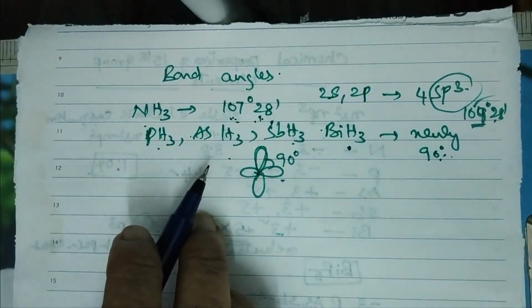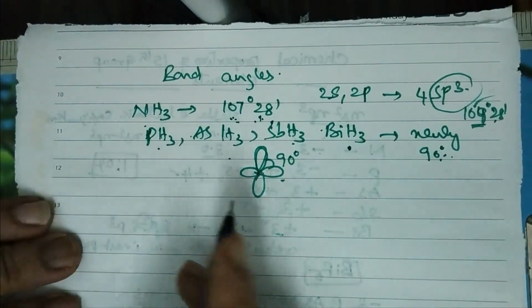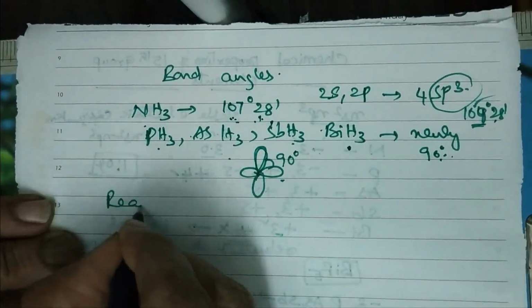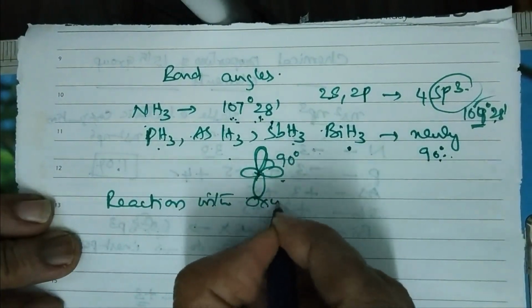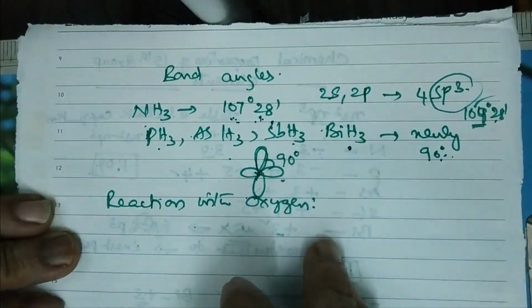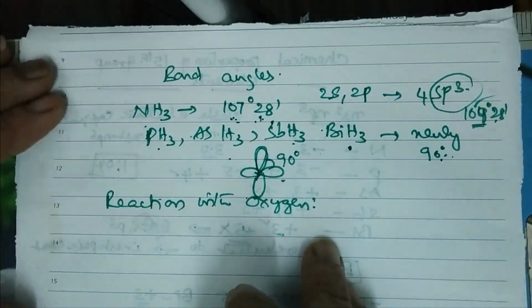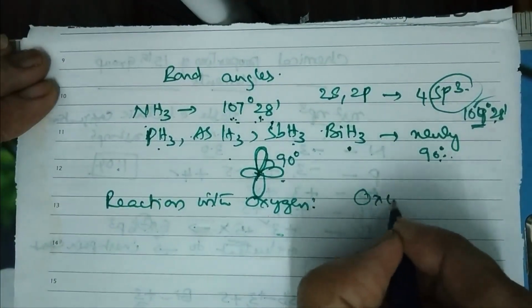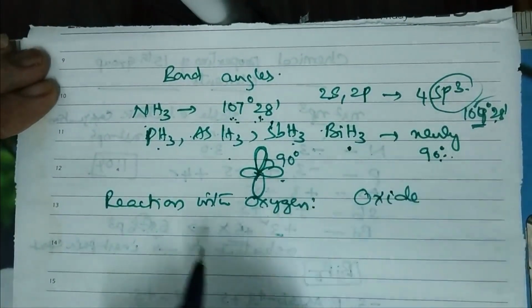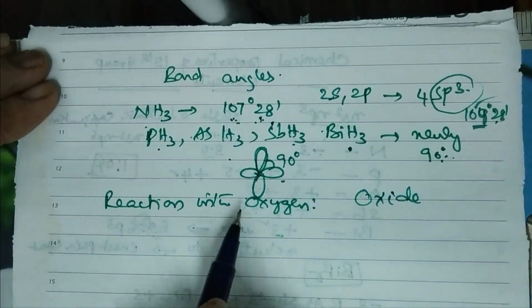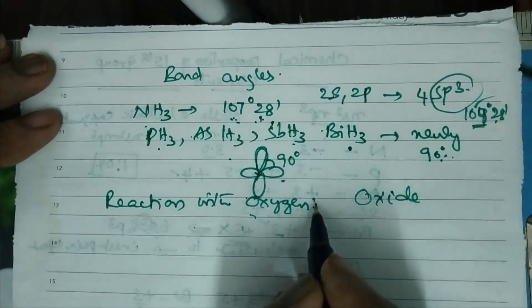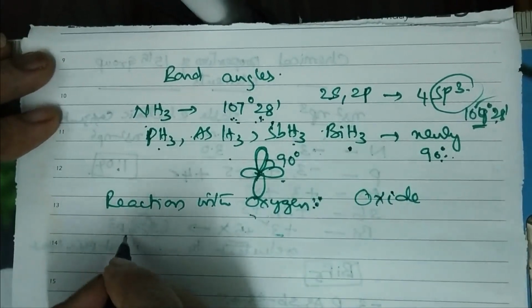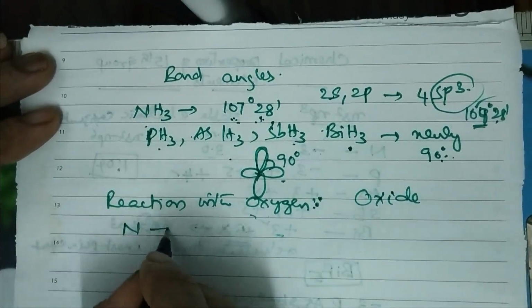The next chemical reaction is the reaction with oxygen. Any element reacts with oxygen, that compound is called an oxide. So here the 15th group elements will also react with oxygen to give their oxides. First is nitrogen.